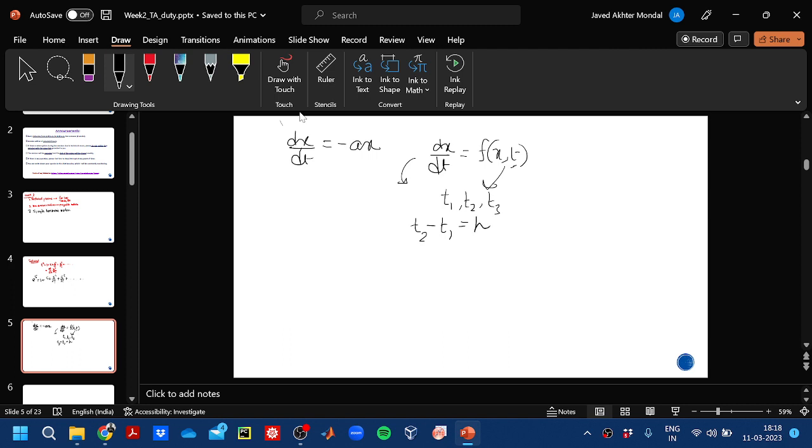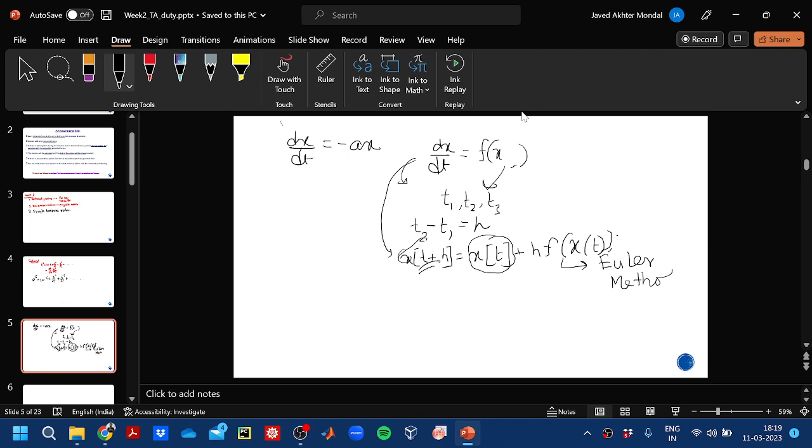Then we can write the update equation as x(t plus h), which will be x of t at the previous instance plus h into function of x at t and t. Or suppose this is only a function of x. So the value of x at time t plus h depends on the value of x at time t. This is the Euler method of solving these differential equations.